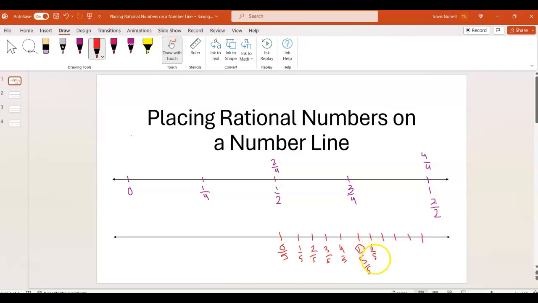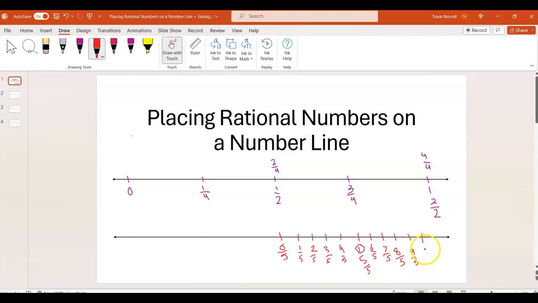Now we're getting into improper fractions. 7/5, 8/5, 9/5.